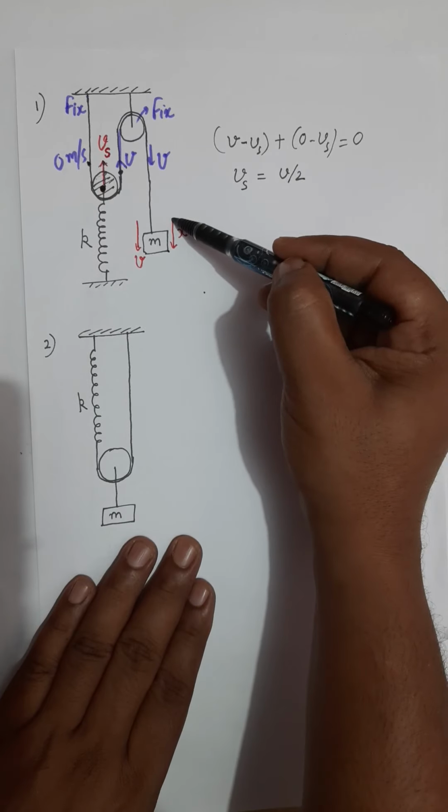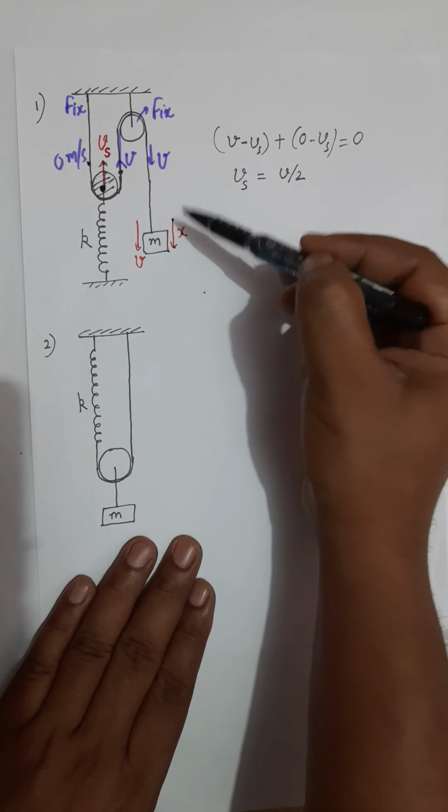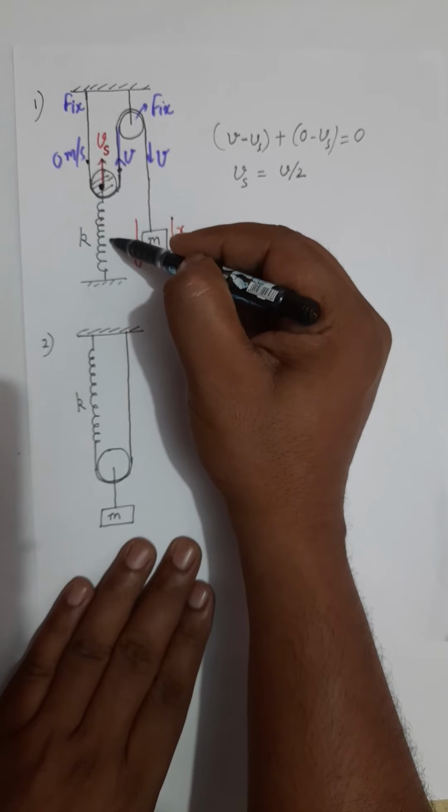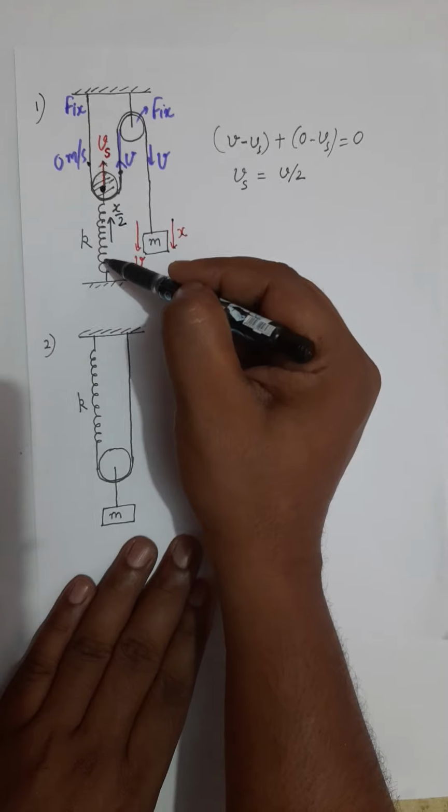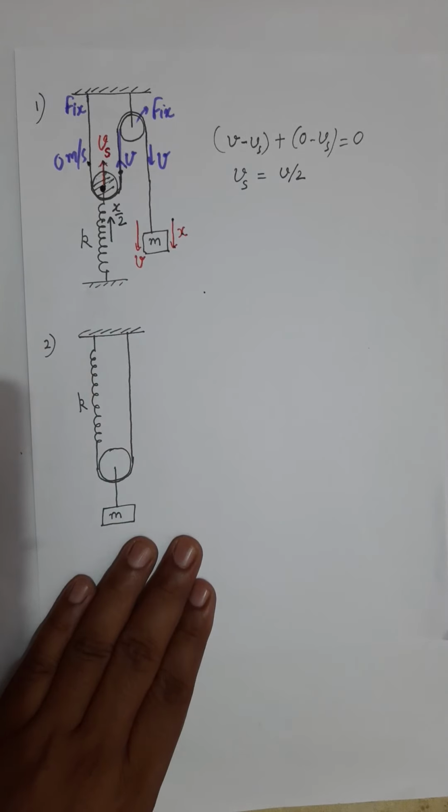So if this block moves downward by distance small x, this pulley will move up by a distance x by 2. So this spring will be elongated by x by 2.